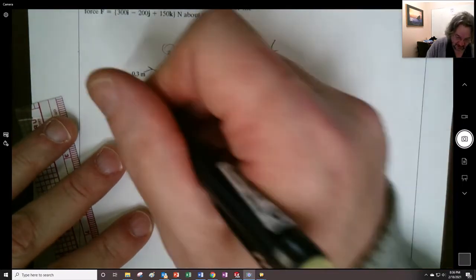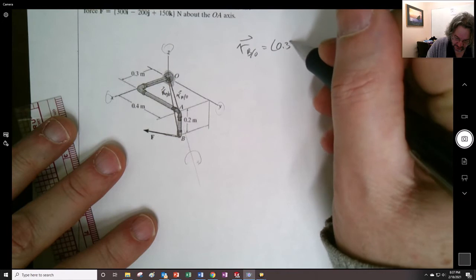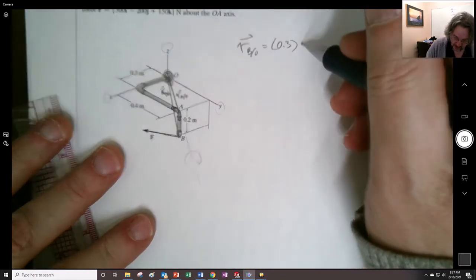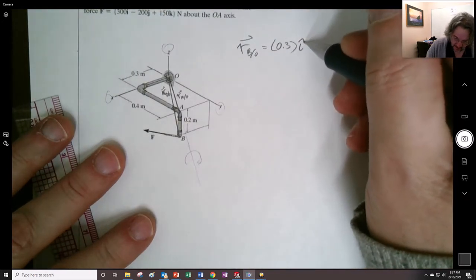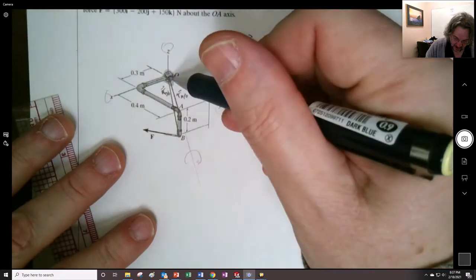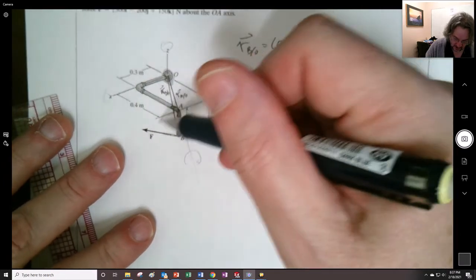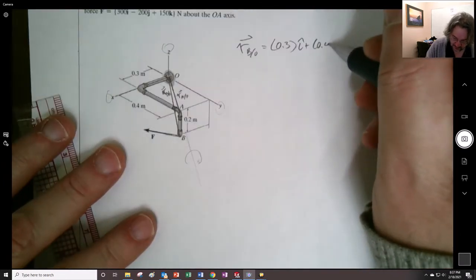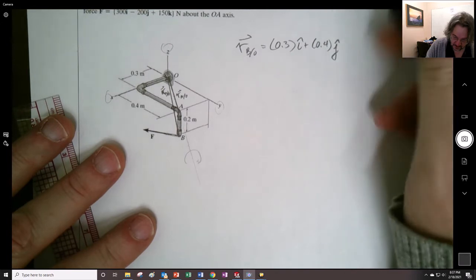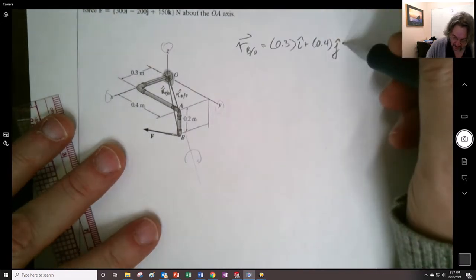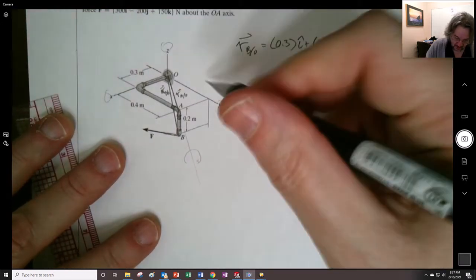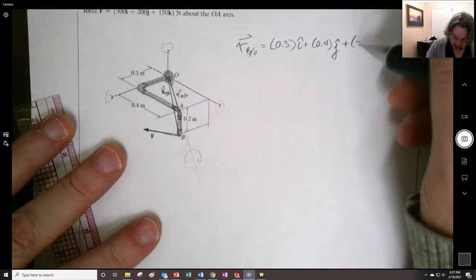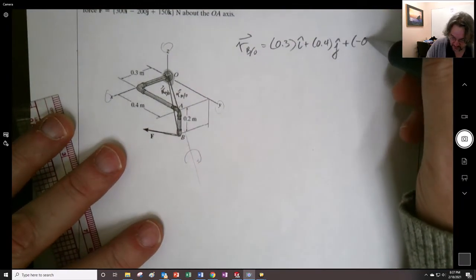So in the X direction, we're going positive 0.3, and that's I. In the Y direction, positive 0.4. And in the Z direction, we're going negative 0.2. Did I do that right? Yep, negative 0.2.